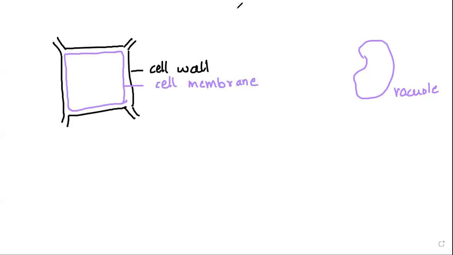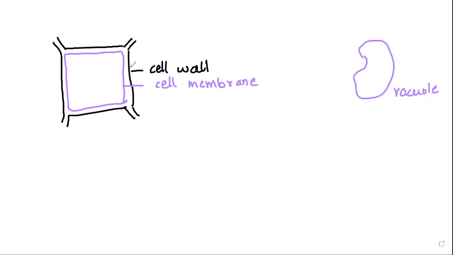So because of this double layered protection, who does the job? The answer would be cell wall does the job. Yes, cell wall does the job.